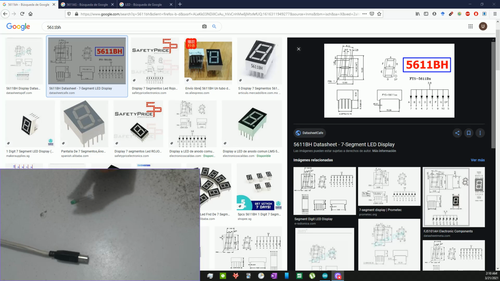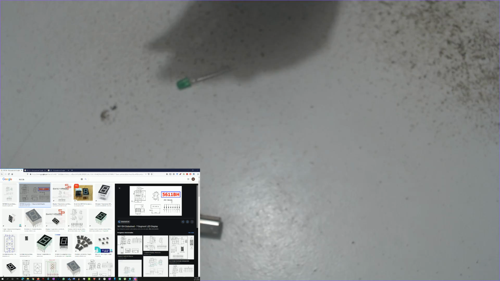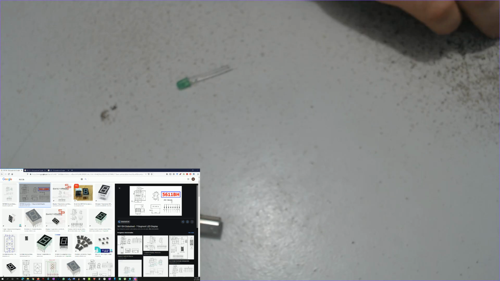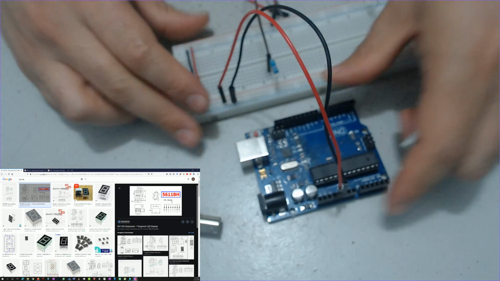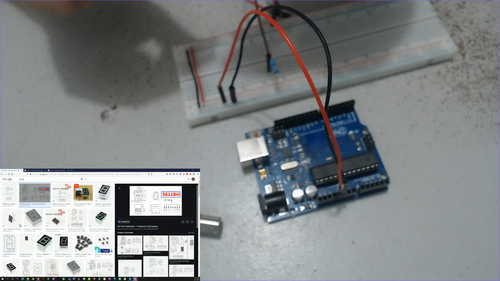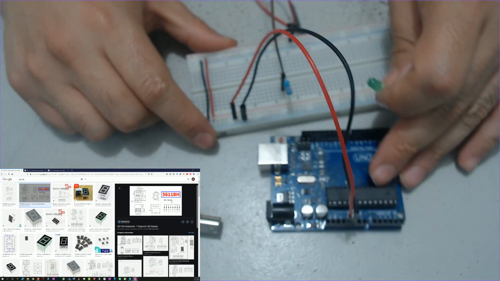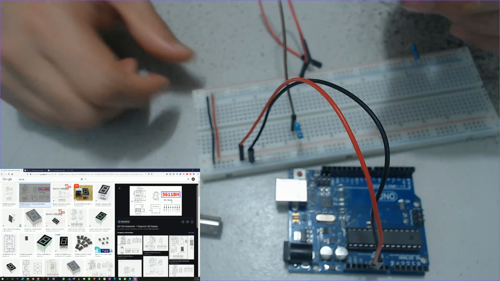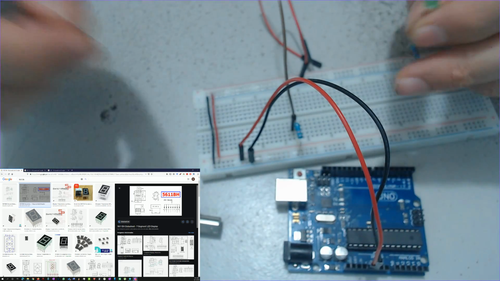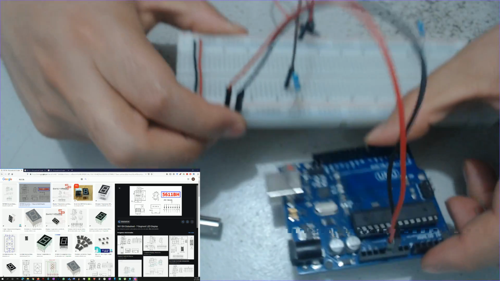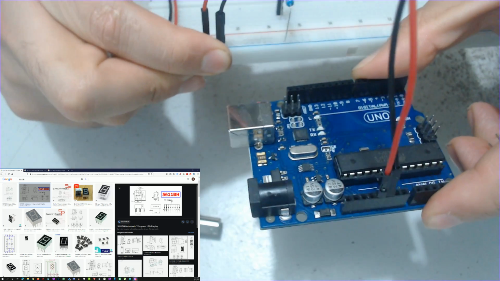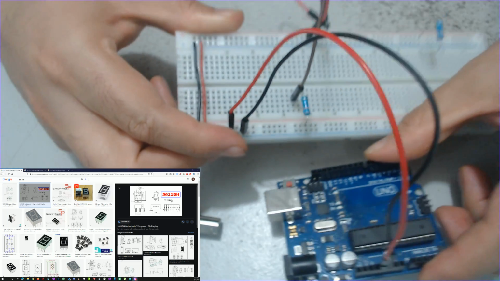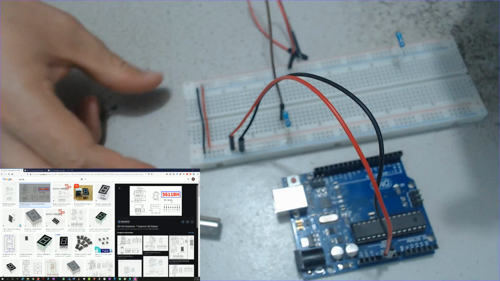So something really important, remember, we need to provide a resistance to restrict or to limit the current through the LED. This is my LED. I got power from my Arduino, positive, negative, and positive, negative to my breadboard.